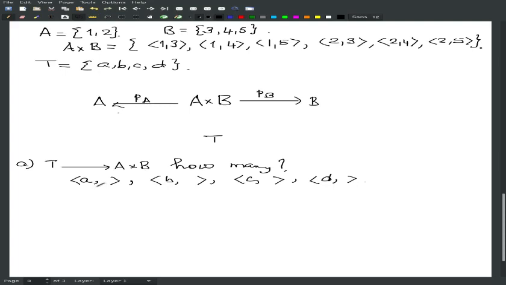You cannot have two elements whose first coordinate is A in the function, because that's one of the criteria of a function. It takes each point to a unique point over here. Clear?